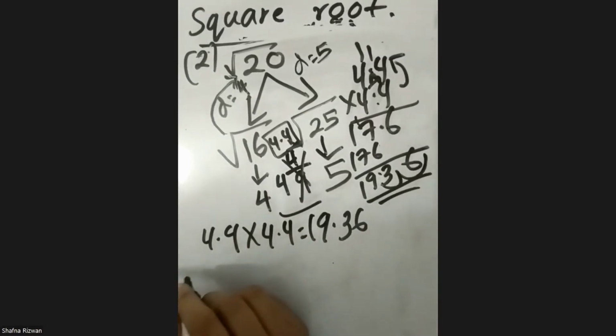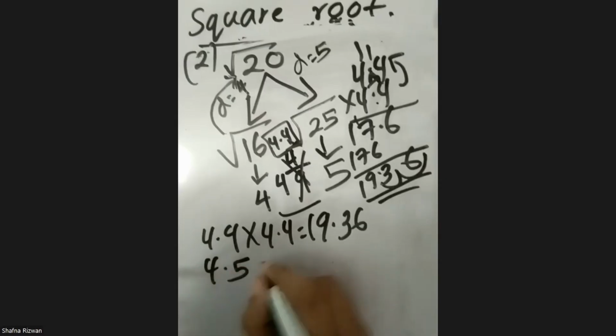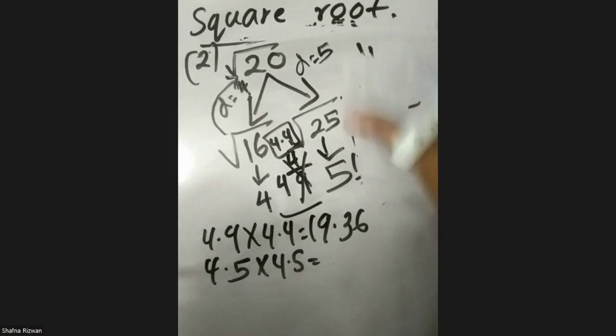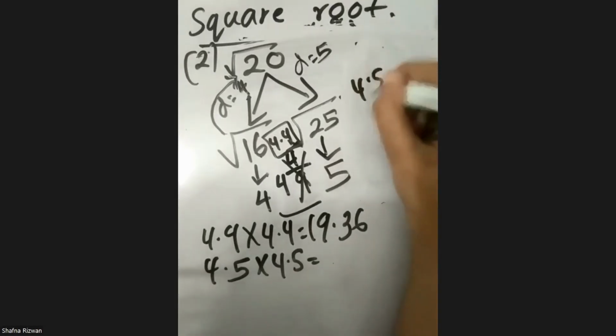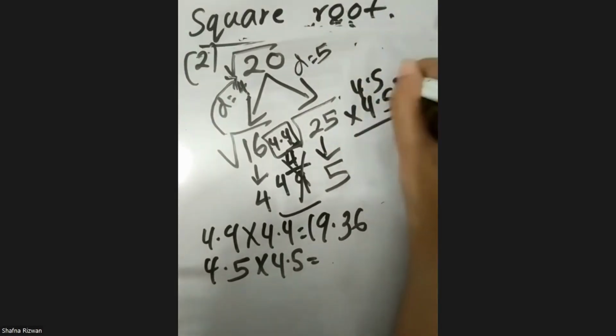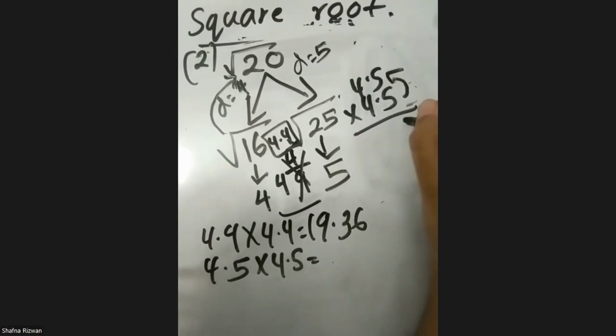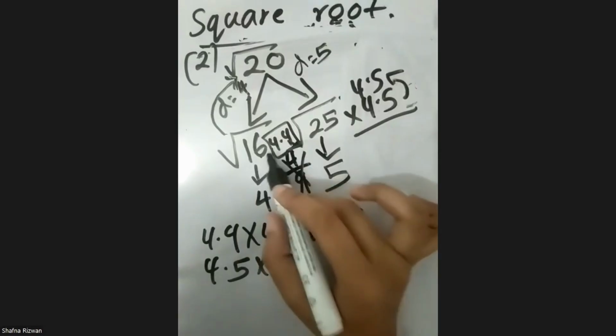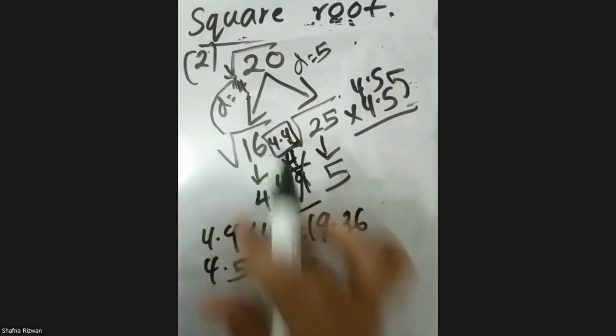If it goes to the bottom, I think it will increase. 4.5, let's try it. 4.5 into 4.5. Okay, now if you multiply 4.5 by 4.5, 5 fives are how much? Like 4.4, 4.3, you have to keep on multiplying like that.